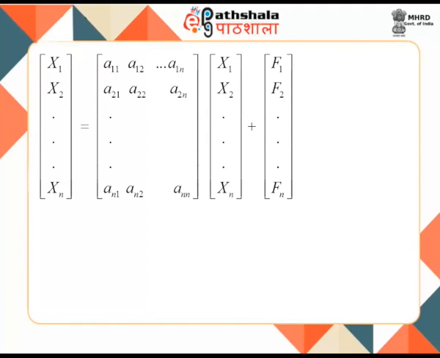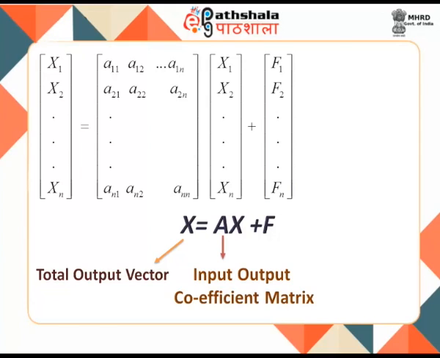This matrix can be represented in the form of an equation: x equals ax plus f, where x is the total output vector, a is the input output coefficient matrix, and f is the final demand vector.